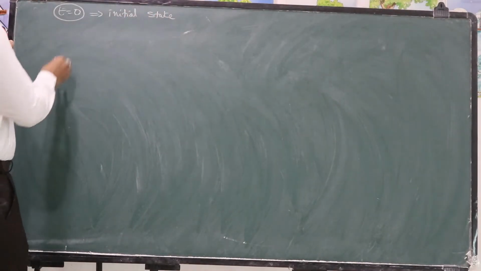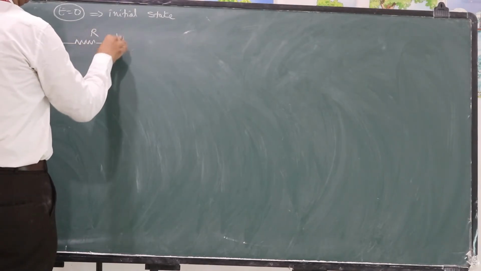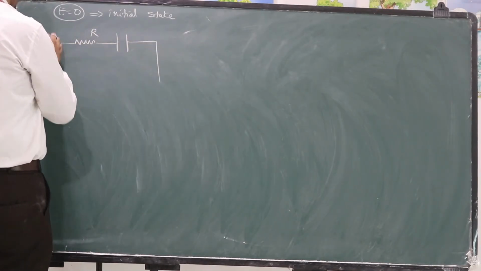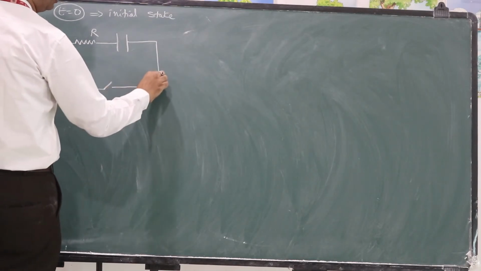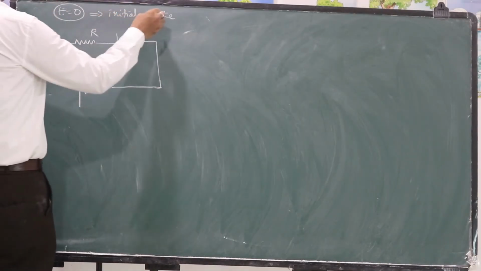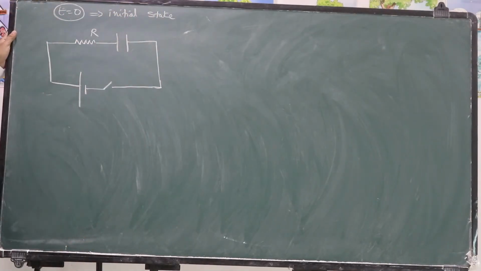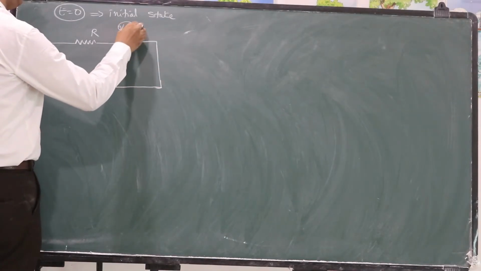At time t is equal to 0, suppose here is a resistor and capacitor combination attached to a cell through a key like this. At t is equal to 0, this state is called initial state. What will happen? Initial state means the charge available in the capacitor is 0.